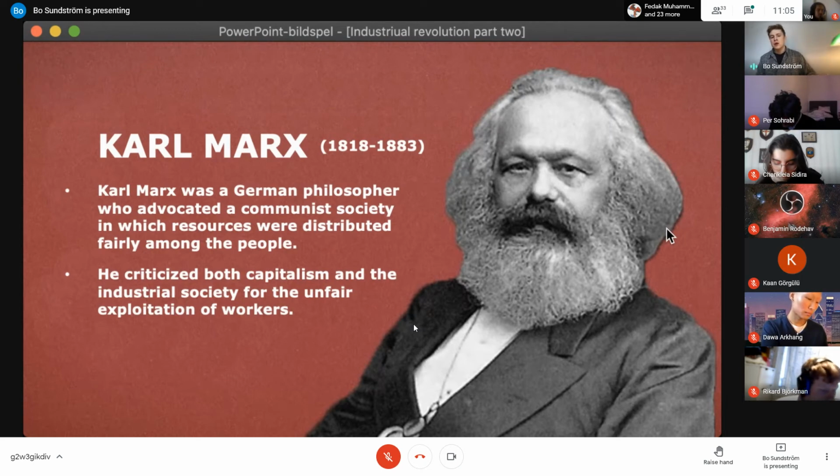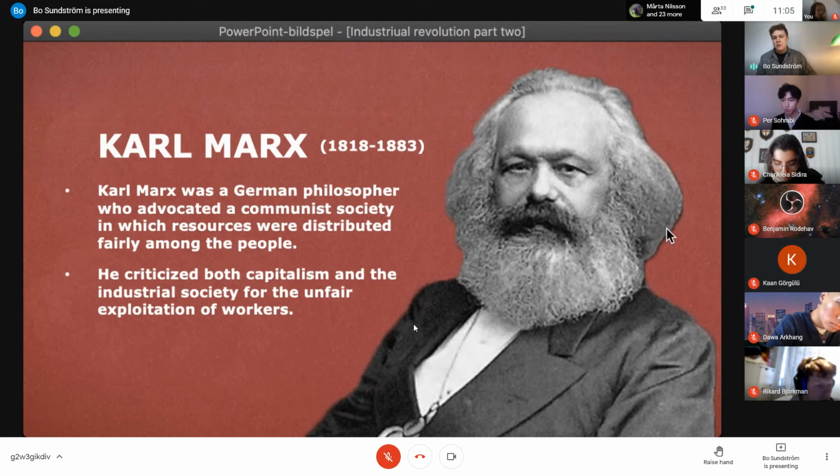He was a German philosopher who advocated a communist society in which resources were distributed fairly among the people. He didn't really just advocate this. He thought that this was inevitable. It will happen eventually because of the philosophy behind his worldview, something that we're not going to go into in a deeper level now. That's more a philosophy subject rather than a history one.